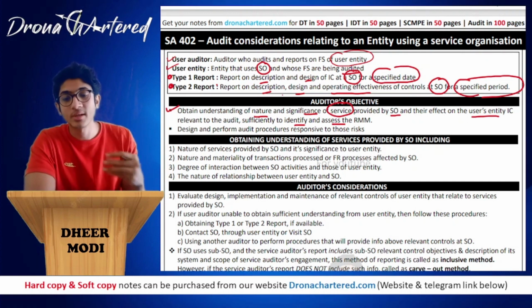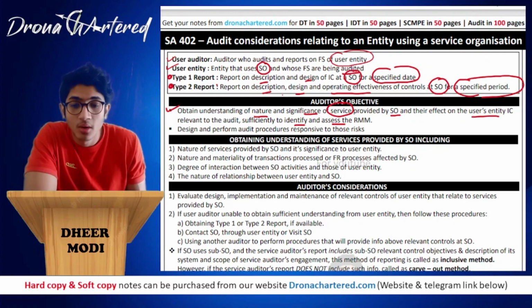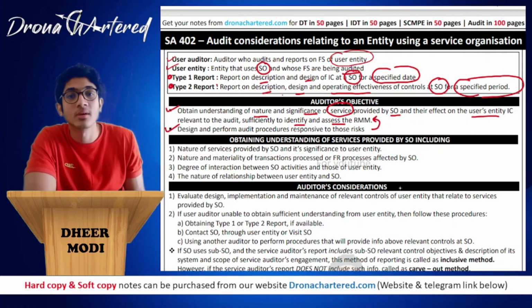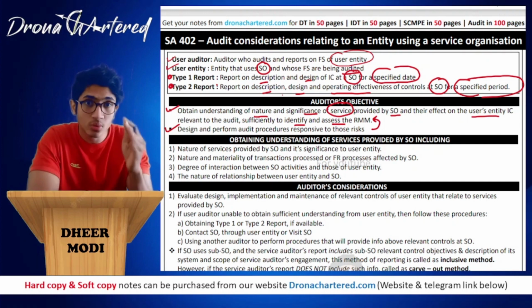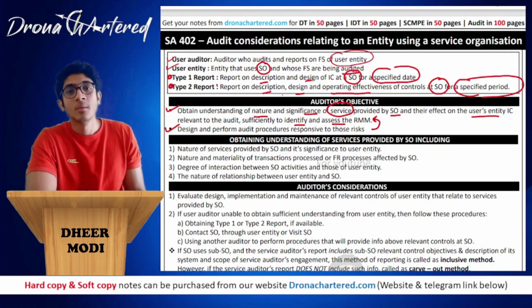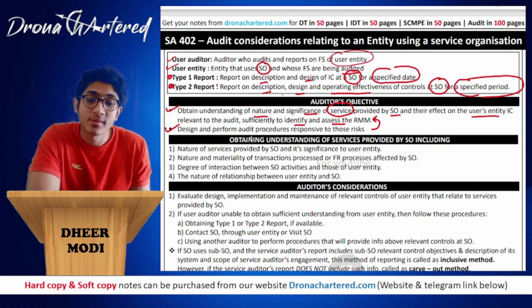Once he has done this, he will design and perform audit procedures responsive to those risks, to check if any of those risks have any effect on our financial statements.